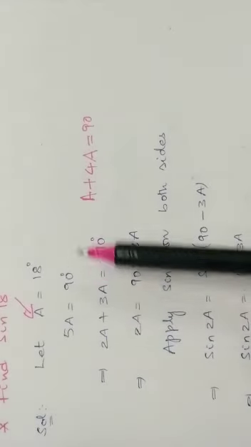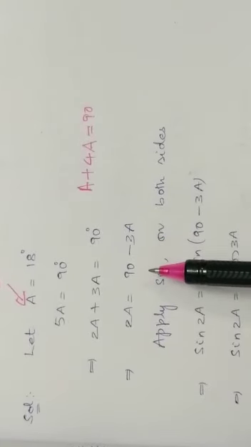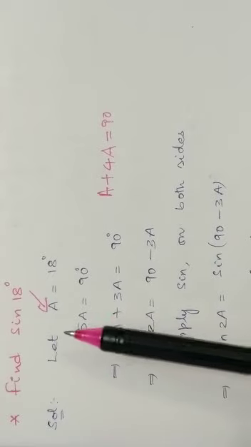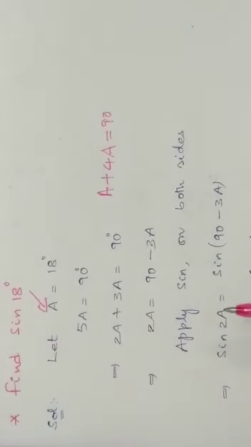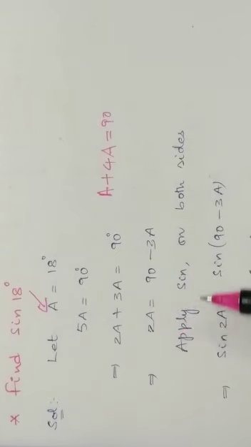Shift this plus 3A that side, it becomes minus 3A. What is the ratio you have to find? Sine. So apply sine on both sides.